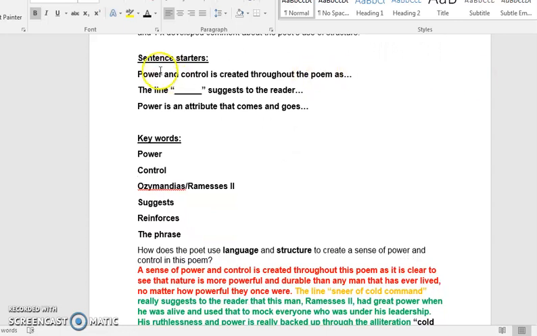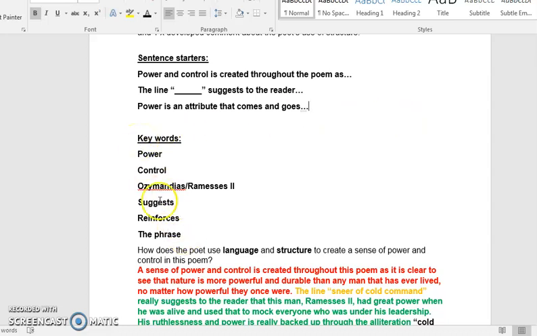I've created some sentence starters here. Power and control is created through the poem as the line, and I've left this blank, obviously you can fill this in yourself, and then I've got suggest to the reader. Power is an attribute that comes and goes. So these three sentence starters you could use. I suggest you use one of them or two of them just to help you out if you are struggling. It will help improve your work and you'll feel a lot more confident afterwards. I've also got keywords.